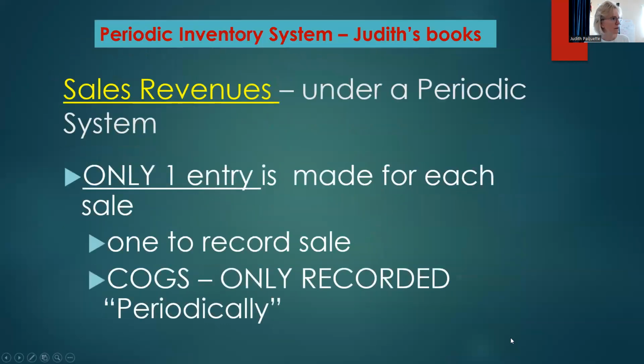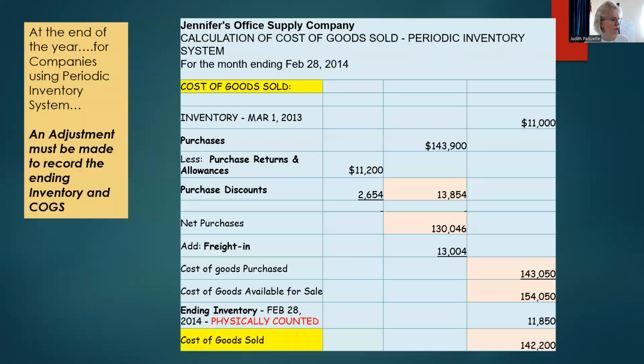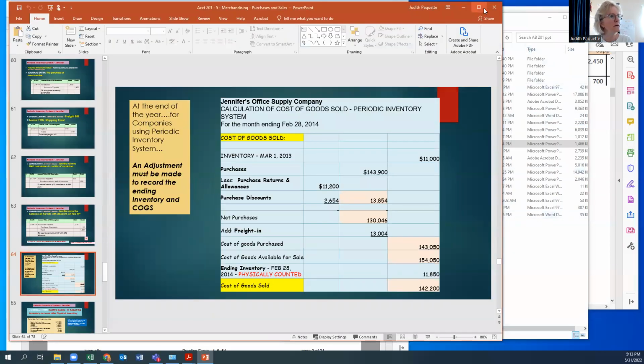All right. We're not going to do a single step, and then periodic. Here's all the journal entries. This presentation, you really don't need all this detail. I'm more interested in, do you know how to calculate cost of goods sold? So let's look at this.